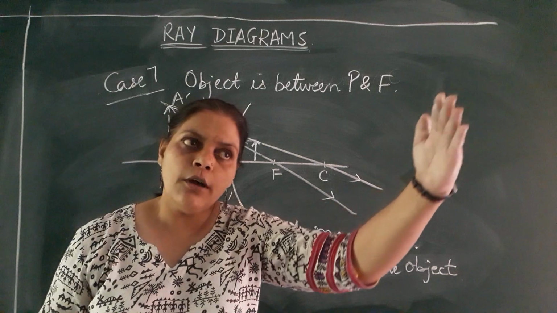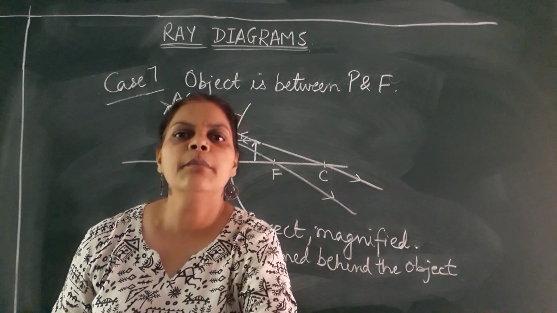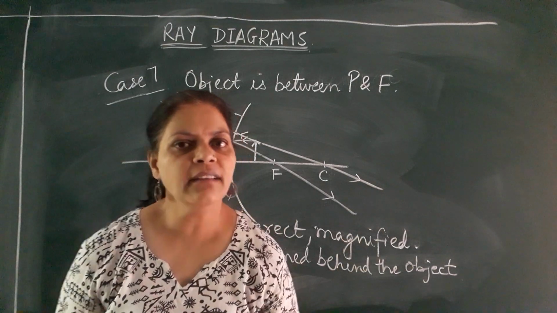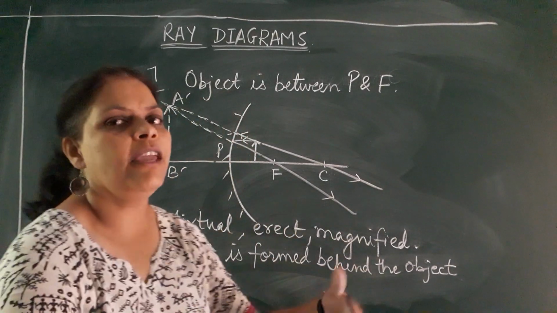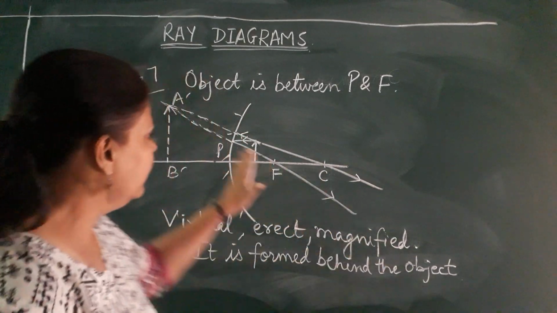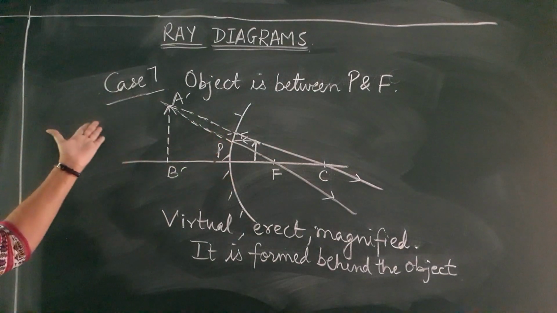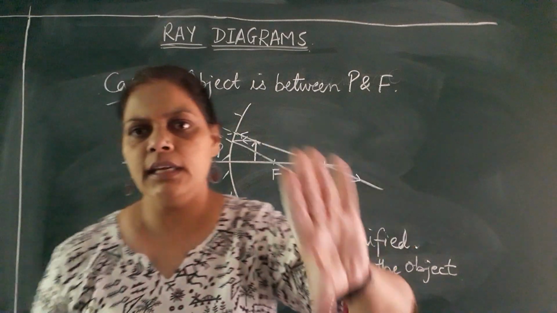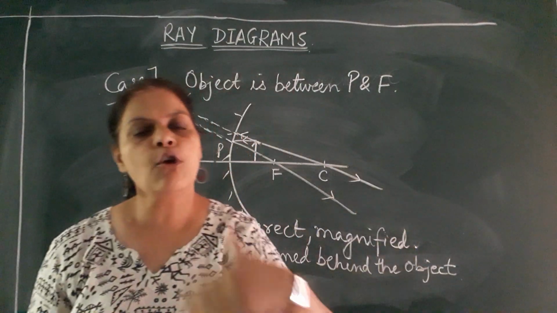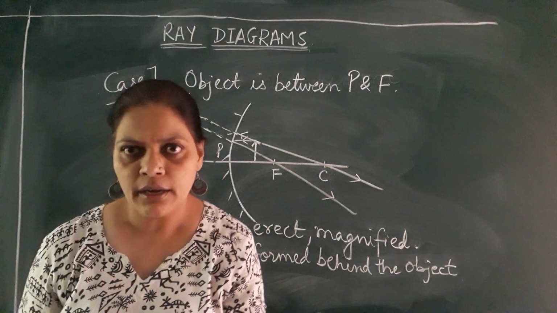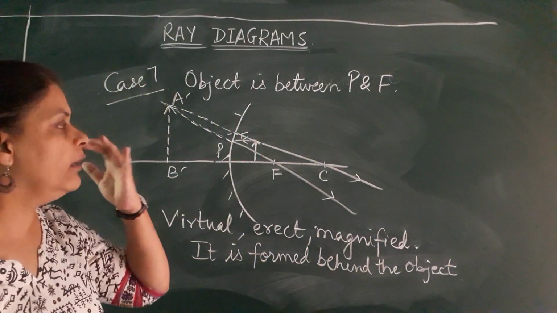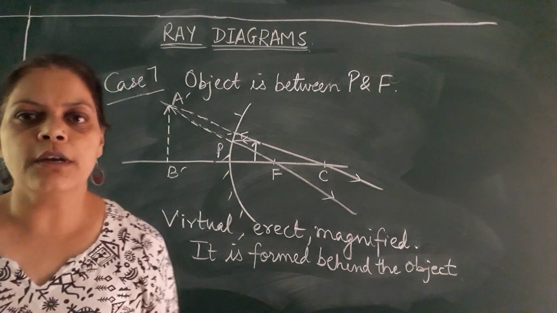So you are bringing the object closer and closer to the mirror, and as the object is brought closer, the image moves away and away, and finally in the last case it moves behind the mirror. In all the cases the image is real and inverted, and of course the size of the image changes every time. Finally in case 7 the image formed is virtual and erect.